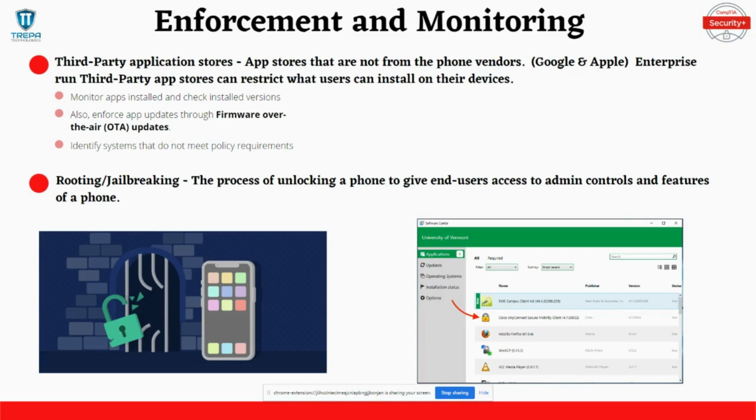This allows better control for the organization as they decide which applications can be installed onto a device. An organization can also enforce how the applications are installed. They can deny applications from being installed over cellular or home Wi-Fi networks, and only allow applications to be downloaded and installed while the phone is connected to the corporate network or the corporate Wi-Fi.